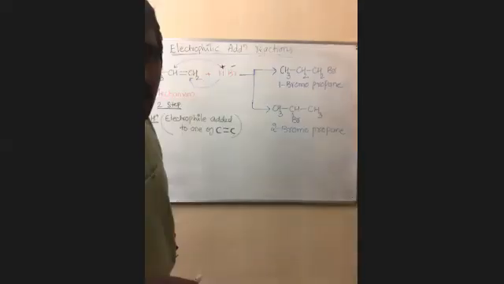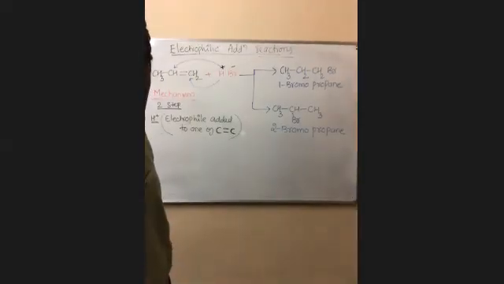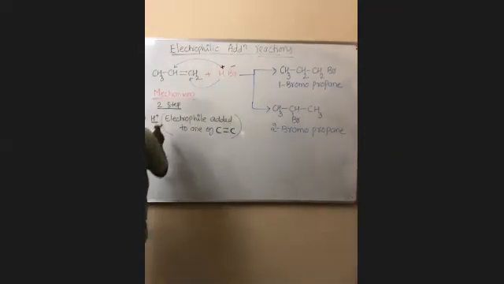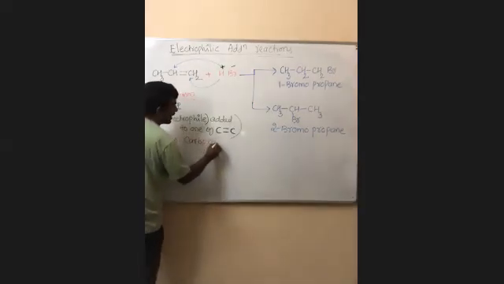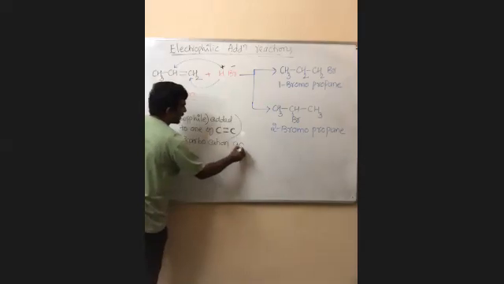H plus is added to one of the double bond carbons and forms a carbocation as intermediate.